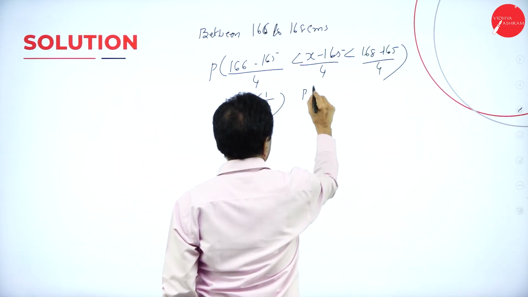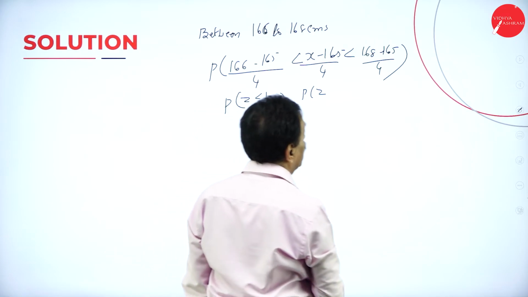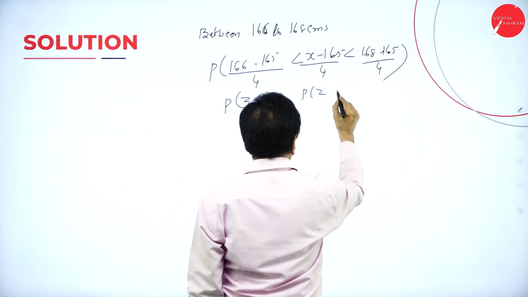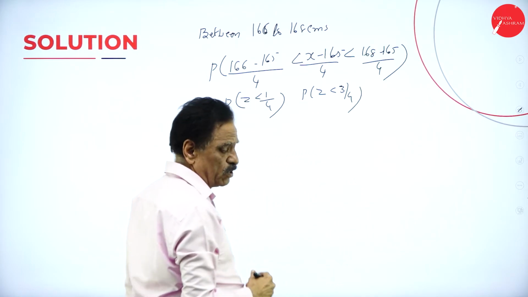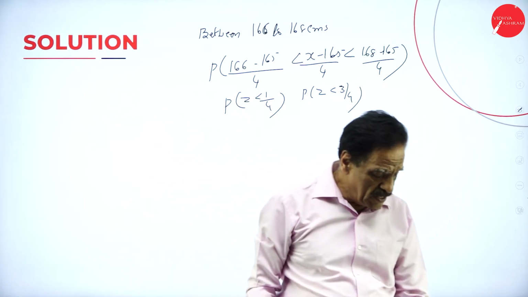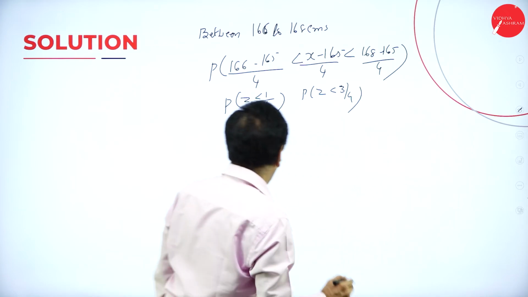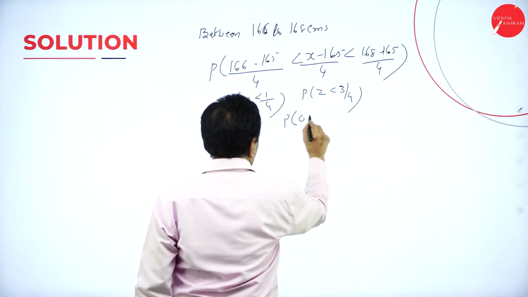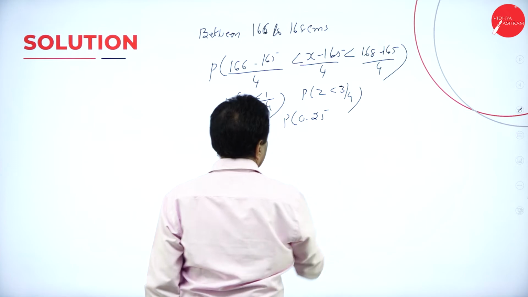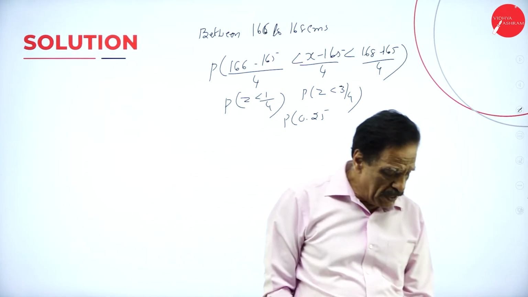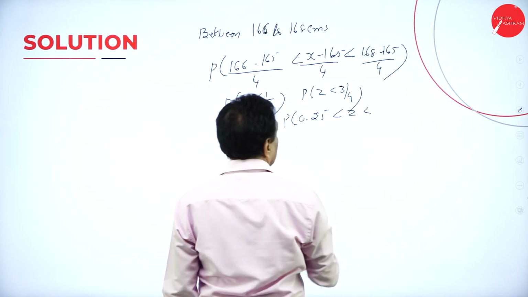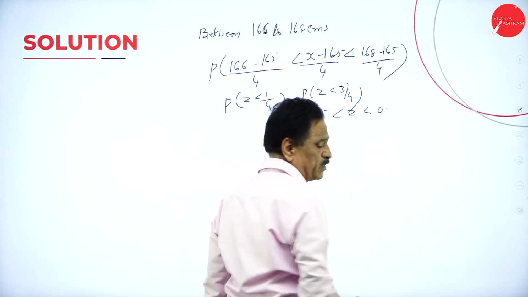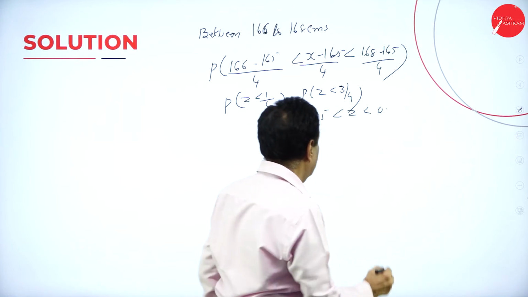Then 168 minus 165 is Z less than 3 divided by 4. So 1 divided by 4 and 3 divided by 4. It is P of 0.25 less than Z less than 0.75.